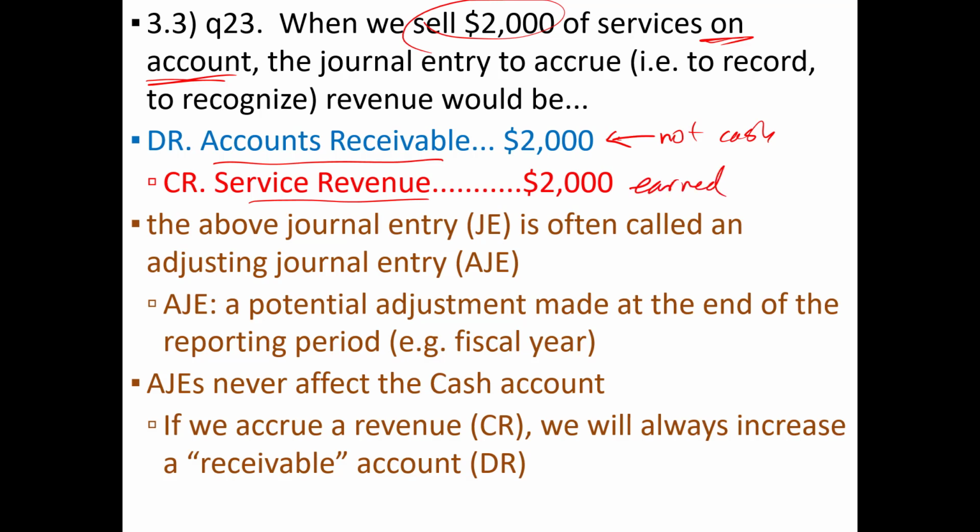Okay? Often we've seen this before where it happens during the year or during the month. But here, realize this journal entry can also be an adjusting journal entry for things that we may have to estimate. Even if we estimate revenue, we don't know for sure. We haven't done the paperwork. We call some of our selling agents out in the field and say, how much in subscriptions have you sold?